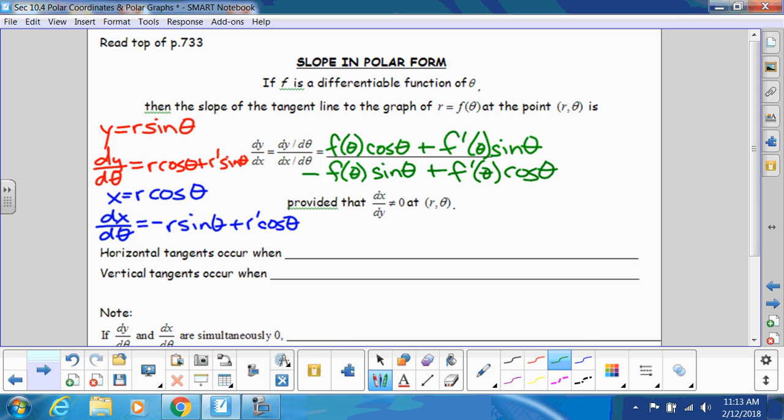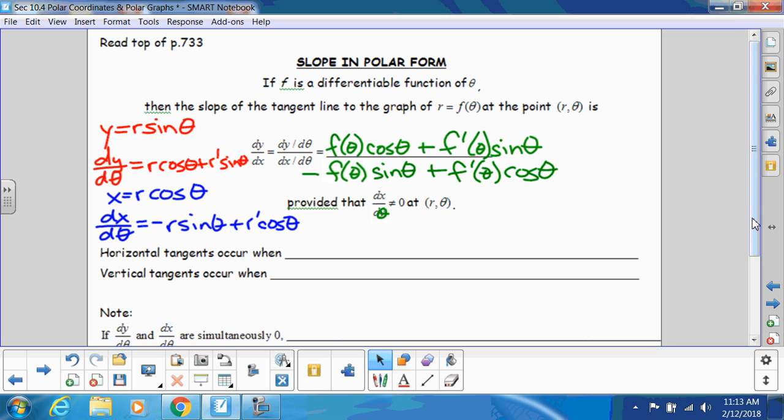All right, and all this requires, of course, is that dx/d theta, the bottom, is not equal to 0. We don't want the denominator to be equal to 0. Sorry, that should say dx/d theta, not dx/dy, at (r, theta).